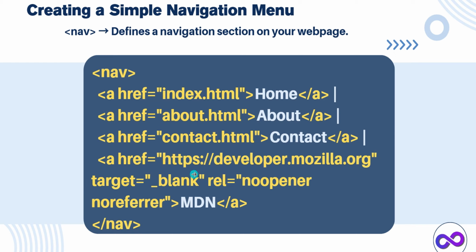Inside your nav tag, you can place several anchor tags for your menu items. The vertical line is just a separator for design clarity. This navigation bar helps users jump between different parts of your website easily.